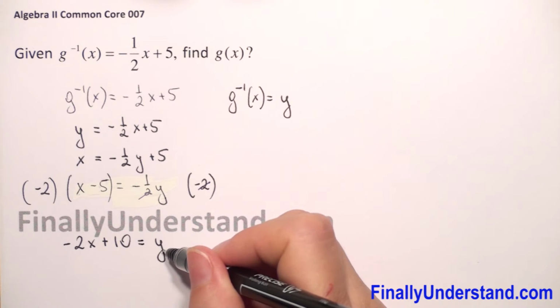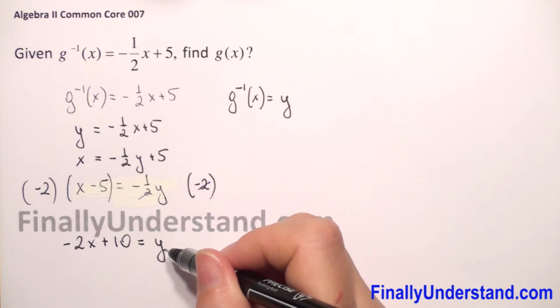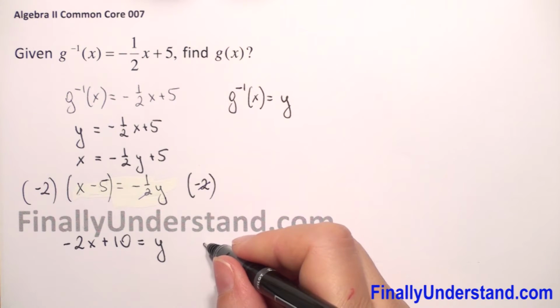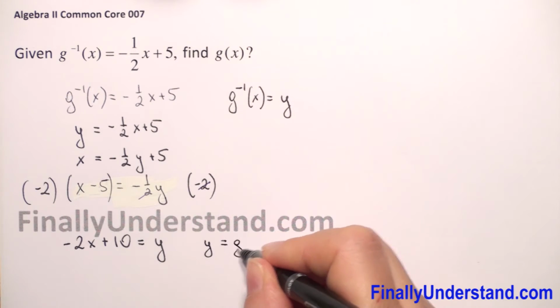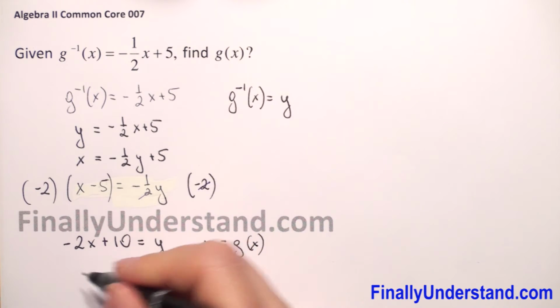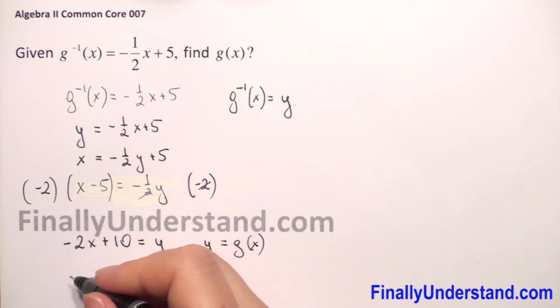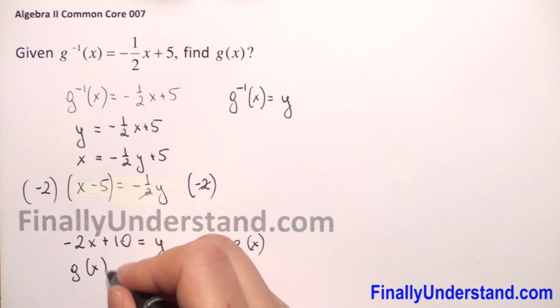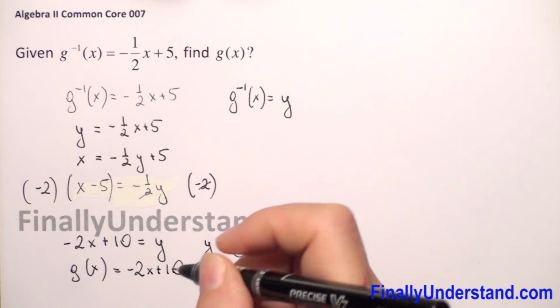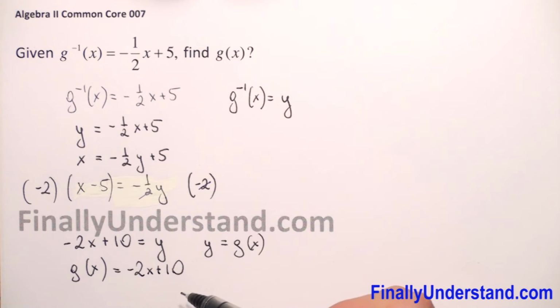We found y. So now we need to replace y by g of x. We change the sides. g of x is equal to negative 2x plus 10. We found our g function.